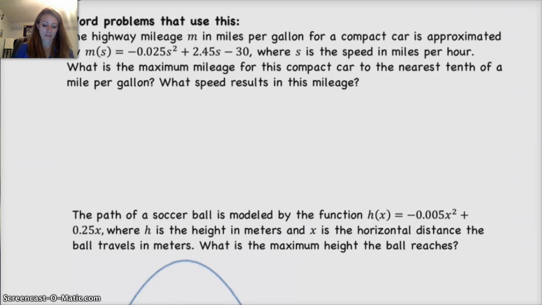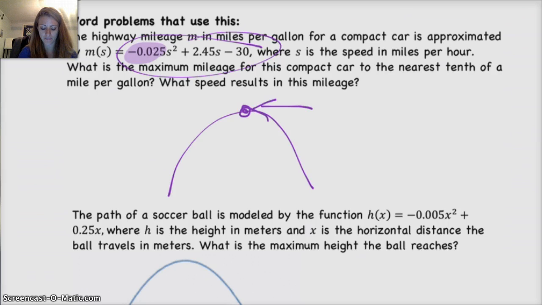So if you think about the function itself, negative 0.025 s squared, you know it's a parabola, and because that first term is negative, a is negative, it means it's upside down, which means that the vertex, which is the maximum point, is going to include the max mileage and also the speed at which that occurs, right?